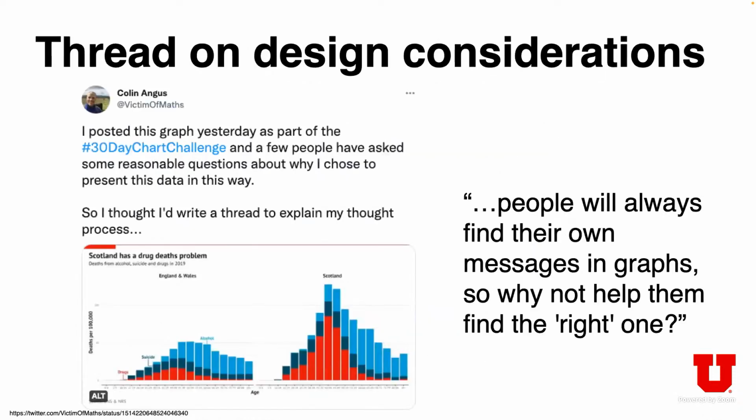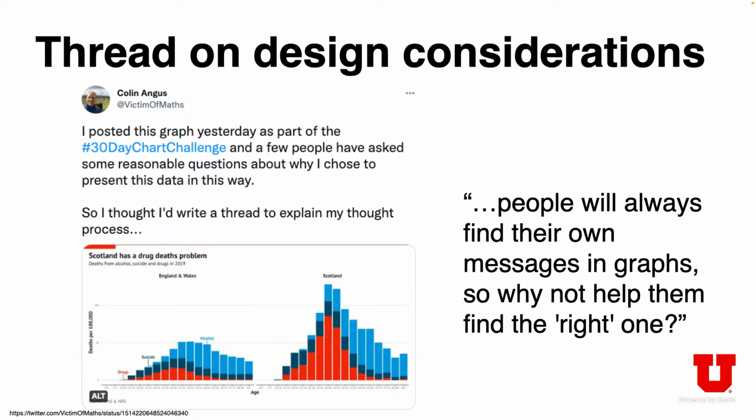Also, a relevant Twitter thread on design considerations, linked at the bottom of this slide, was by Colin Angus, who I believe is a researcher at Sheffield University, specializing in alcohol policy. He had a pretty long and interesting thread on his design choices for one visualization that he designed.